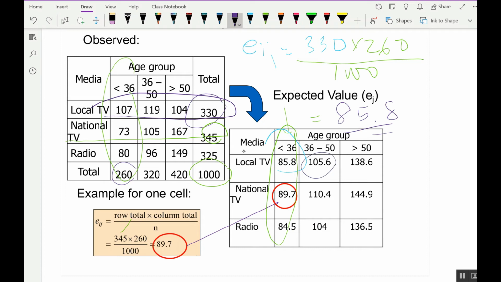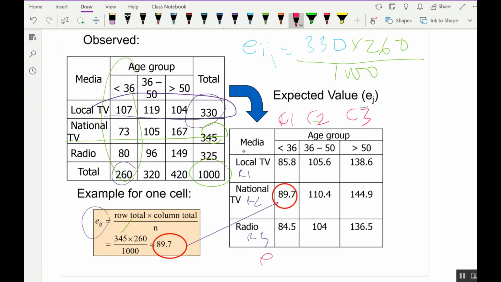If you are talking about the age group 36 to 50, or another way to explain it: the expected value is E_ij, where i is the row and j is the column. So this is row 1, row 2, row 3, and column 1, column 2, column 3.